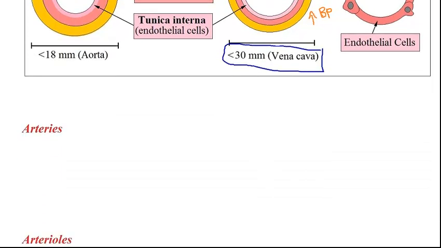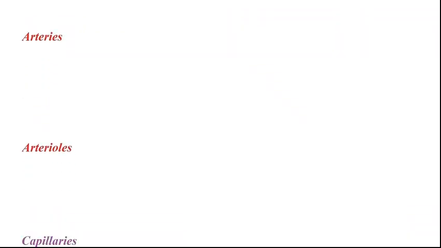All right, now let's go over the function of every one of these vessels. So arteries have a thick and elastic wall that carries blood away from the heart, an example of which is the aorta. This thick and elastic property allows them to tolerate the high systolic blood pressure that is pumped by the left ventricle. And the blood from arteries will enter the arterioles.